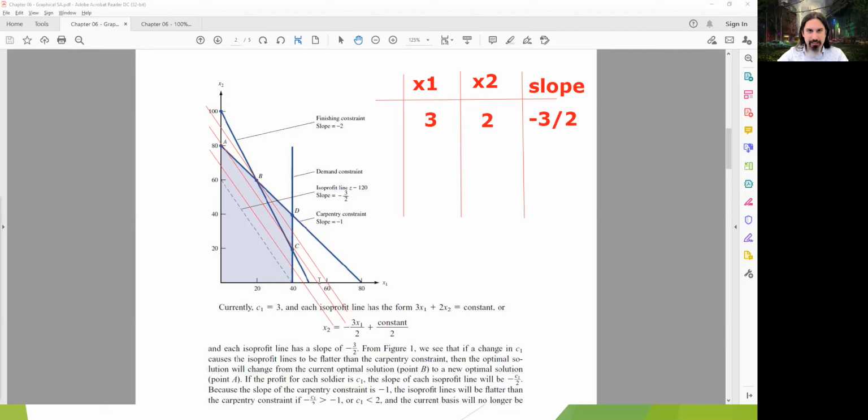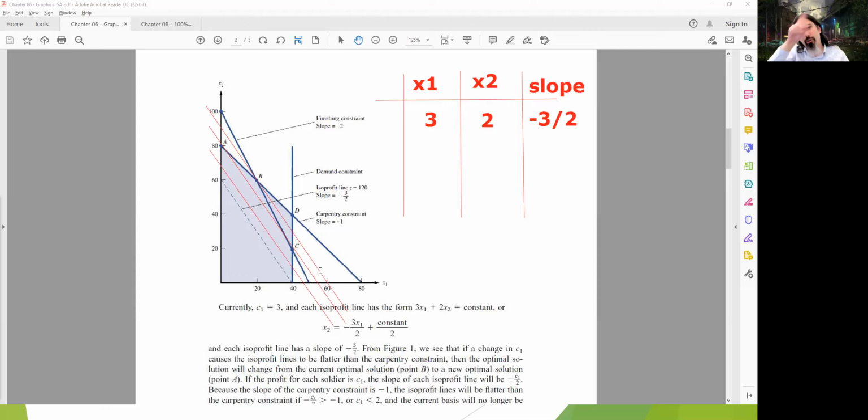This line will rotate. If it rotates enough, up to a point, it will fit on one of the constraints. Take a look at this line. It can rotate two ways, clockwise or counterclockwise.